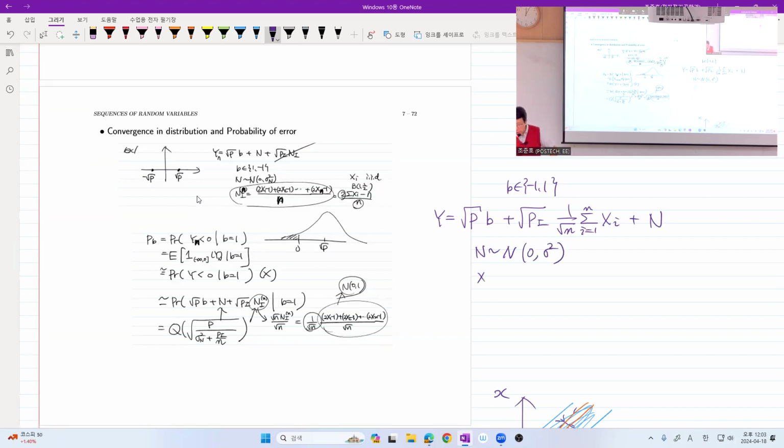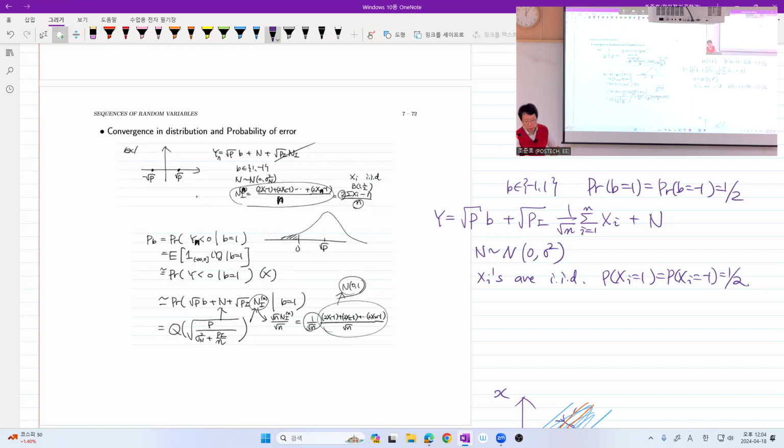Here X sub I is IID with probability of X sub I equals 1 equals probability of X sub I equals -1 equals 1/2. Also, let's assume that b is either 1 or -1 with equal probability.